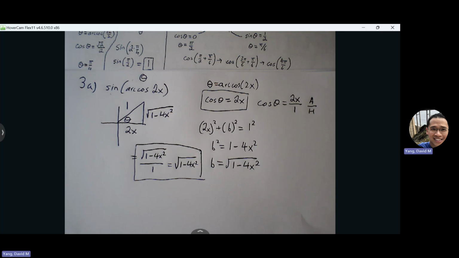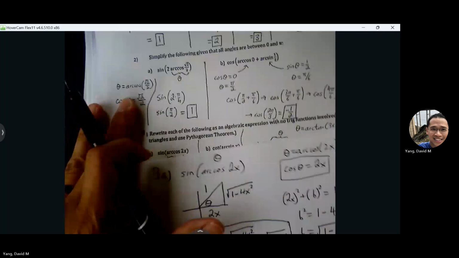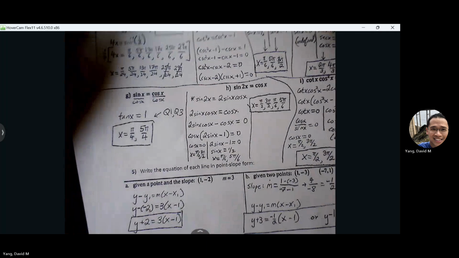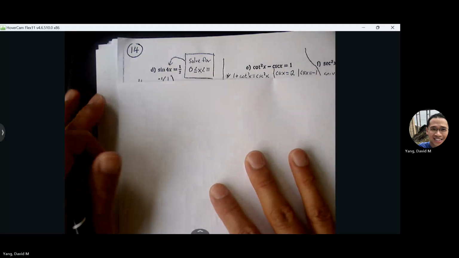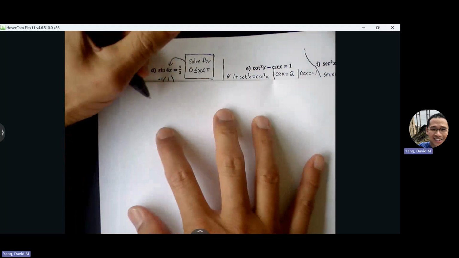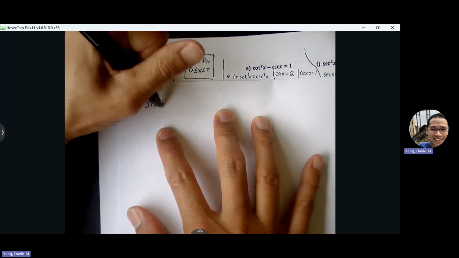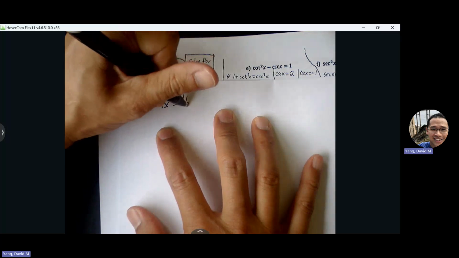Yeah, 14E. Yeah, this one's a good one to go over. Sine of 4x is equal to 1/2.